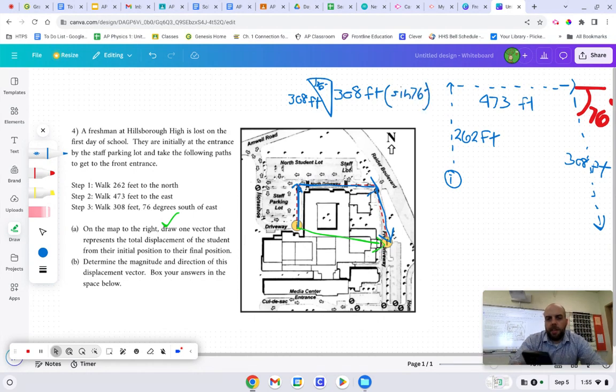It's the opposite side of that angle. So 308 sine 76 degrees. That is 100, I'm in radians. That 100 made no sense. That's 299 feet.